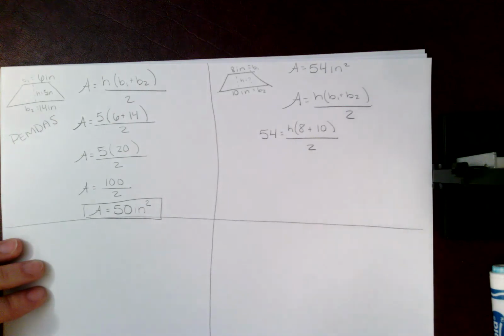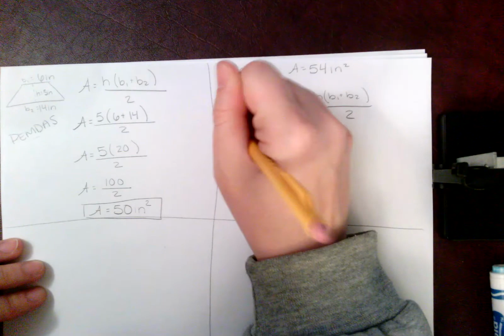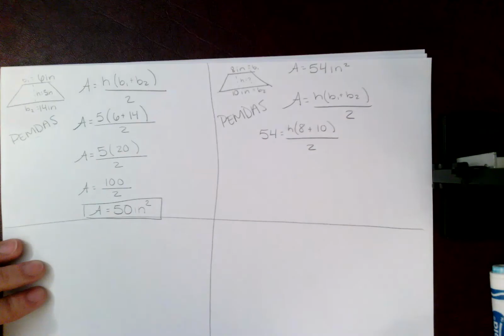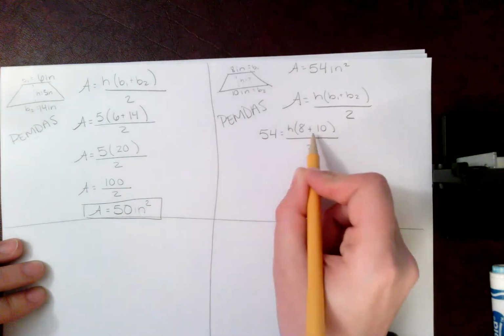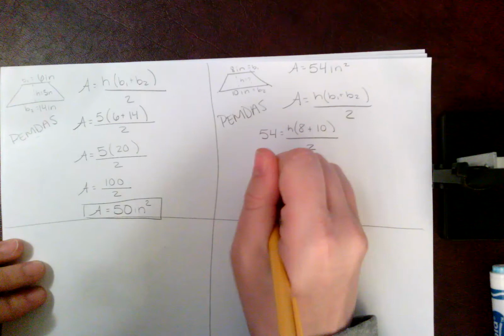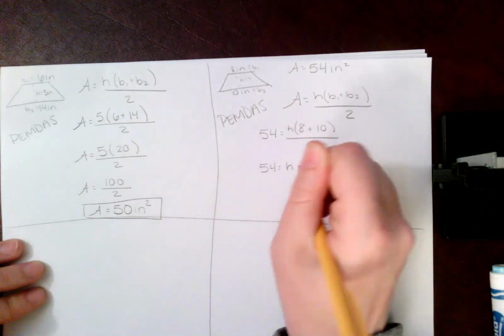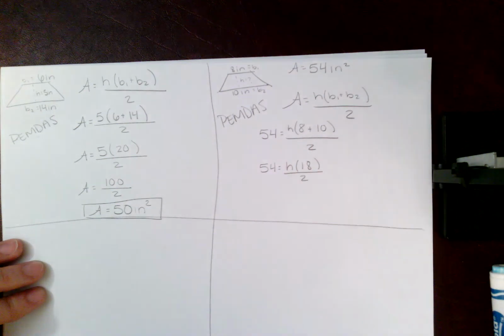So again, if you don't know how to begin, refer to PEMDAS. And PEMDAS tells us take care of your parentheses first. So I want to take care of this 8 plus 10 and simplify that. So I'm going to do that. 54 equals H times 18 divided by 2.